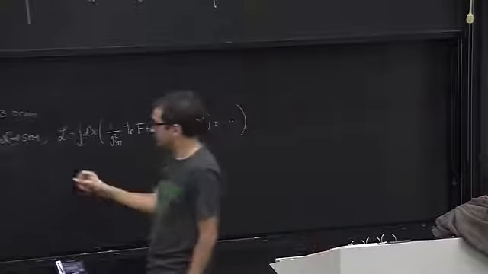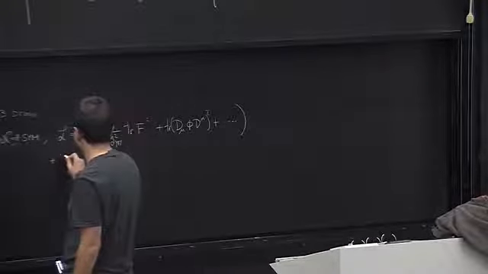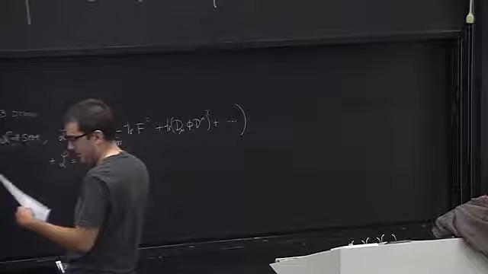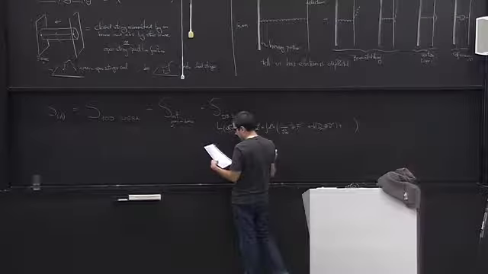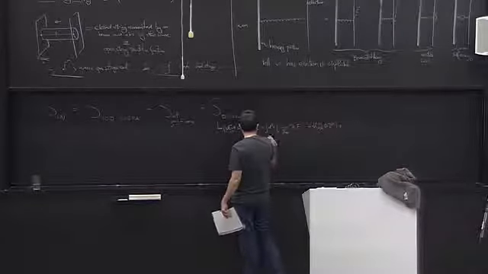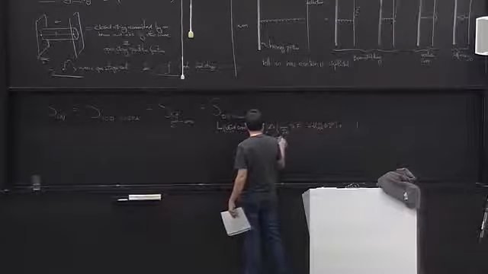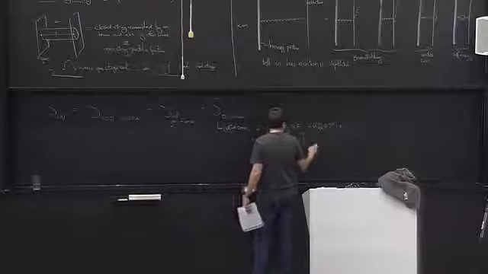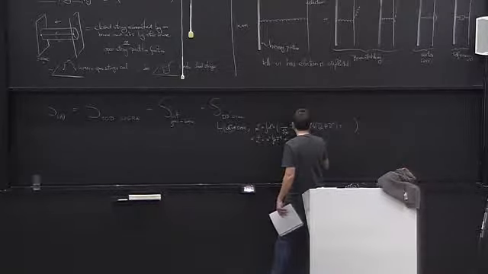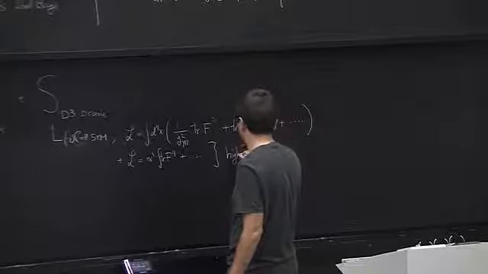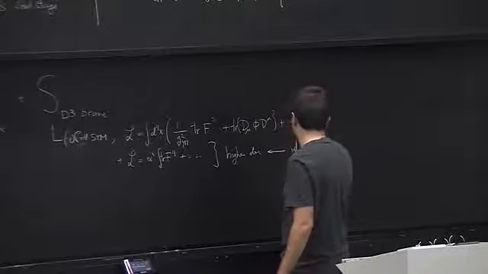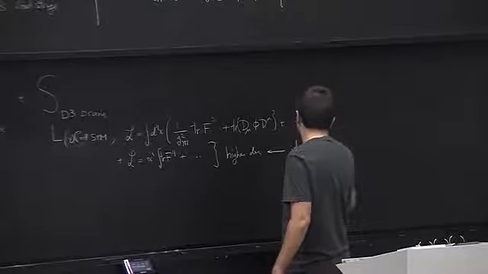Plus higher derivative terms, which will be roughly of the form, something like alpha prime times the integral of F to the 4. These are higher derivative terms that come from integrating out the massive modes.